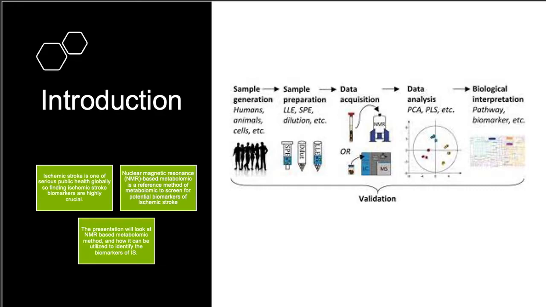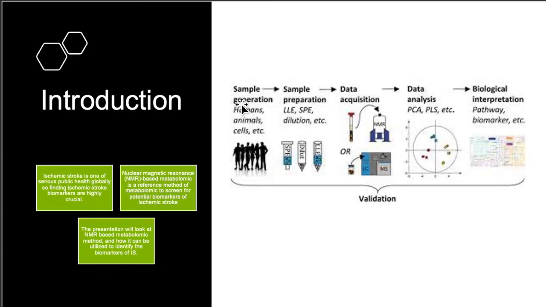There are different types of metabolomic methods, but the reference type is nuclear magnetic resonance. So today we will look at how NMR can be used to identify the biomarkers of ischemic stroke.